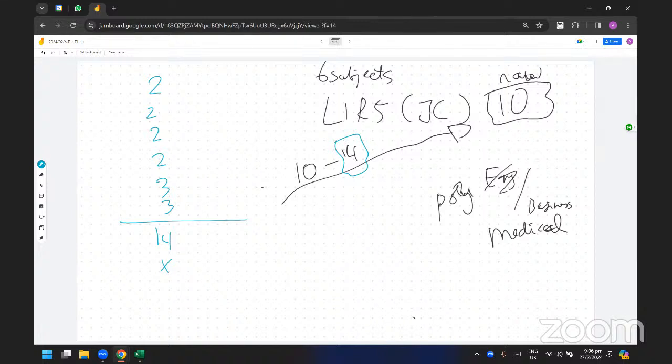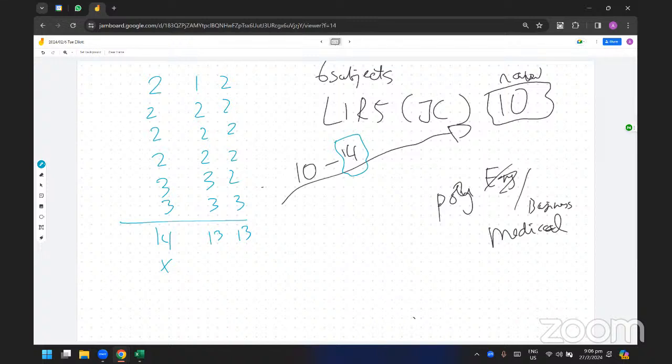Okay, then I'll do something simple, maybe something like this: either 1, 2, 2, 2, 3, 3, which is 13, or 2, 2, 2, 2, 2, 3, keeping it simple. That's also 13. Now look at 13.